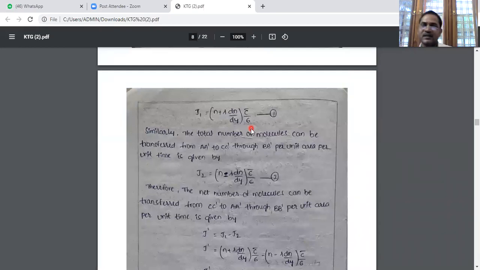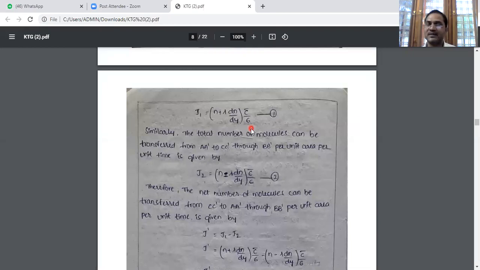We know the formula nc bar by 6: the average number of molecules that can move in the x direction, y direction, z direction, or any direction. Here the molecules are transferring from CC dash to BB dash. So what is the concentration in CC dash? n plus lambda dn by dy. Therefore, instead of n, we write n plus lambda dn by dy into c bar by 6.